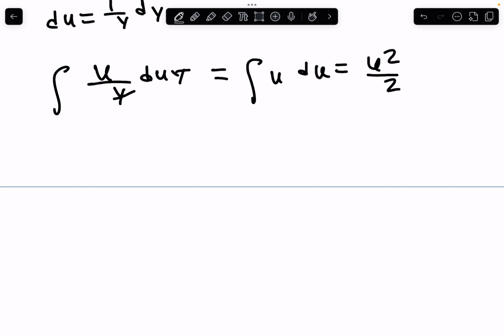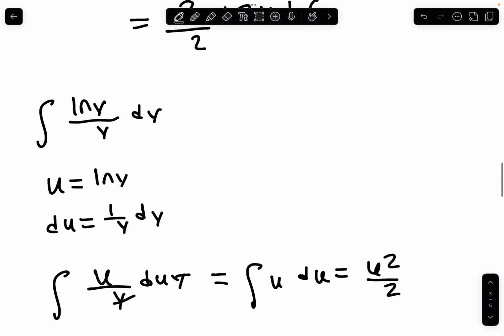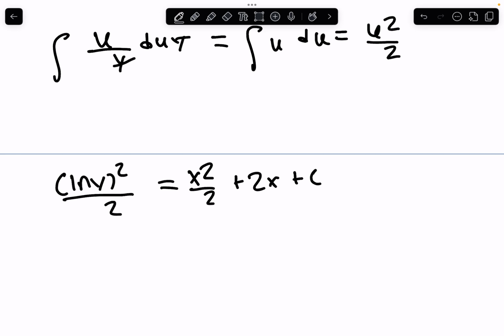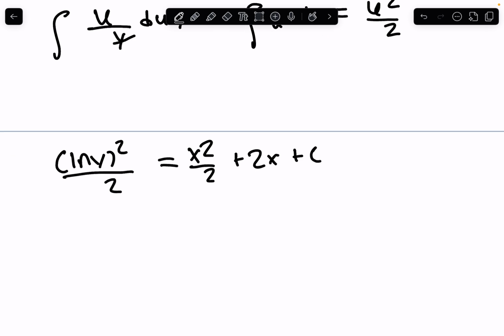Substituting back, it will be (ln y) squared over 2. Then bringing down the other section, it's going to be x squared over 2 plus 2x plus c. But here he isn't asking for this. He's asking for the answer for y. He wants you to isolate y.